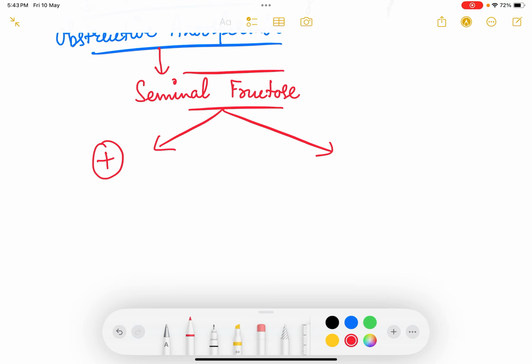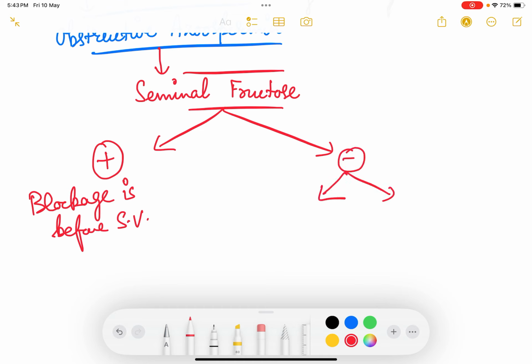If the seminal fructose is present, then the blockage is before the seminal vesicles. And if it is absent, then it can be two problems. One is that the seminal vesicle is absent, or the blockage is after the seminal vesicle.